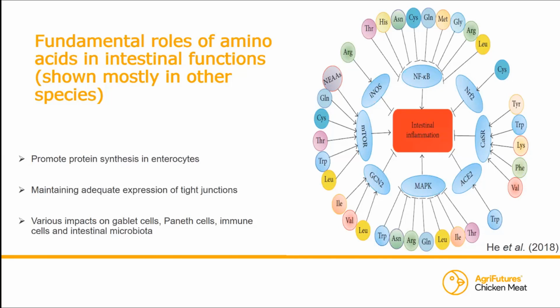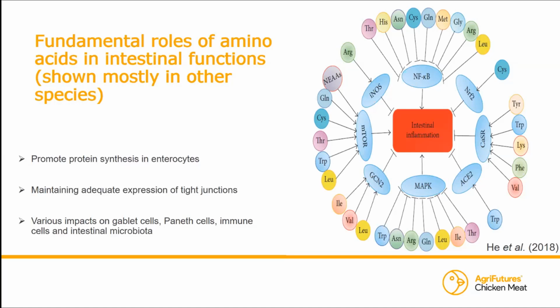As you can see in this slide, for example, with intestinal inflammation, these amino acids can both contribute to and reduce inflammation, depending on the type of pathway they work on.